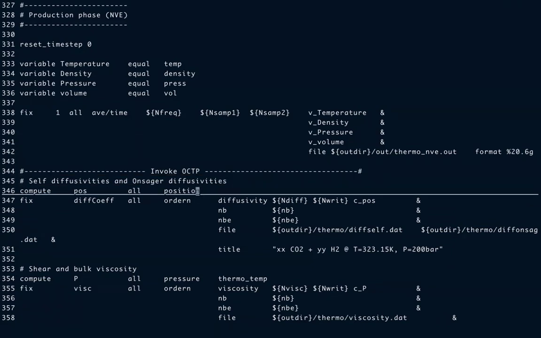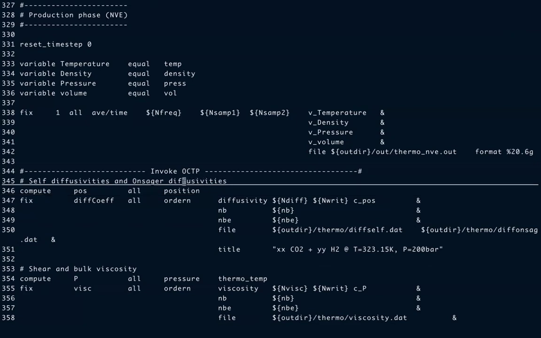To calculate the Onsager diffusivities, as you know, more appropriately, I would call this Onsager coefficients and not diffusivities, which then contribute to the Maxwell-Stefan diffusivities. I apologize for the typo here.